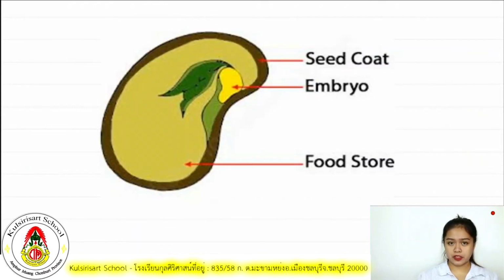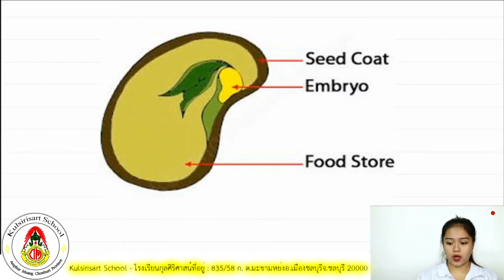Now, let's proceed to the different parts of the seed. This picture shows what the seed looks like inside. This brown layer is called the seed coat. This one is the embryo.